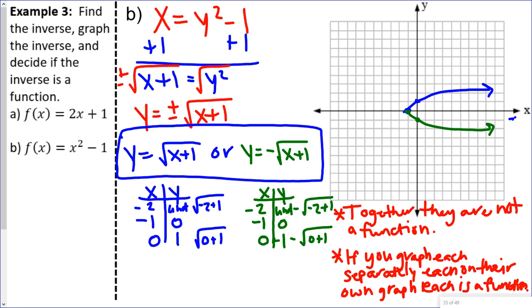So together, like I have it on my graph, if I put them on the same graph together, then they are not a function because they fail the vertical line test. This is the inverse. If I graph the blue on its own graph and the green on its own graph, each of them separately is a function because they would pass the vertical line test if they were both on their own graphs.